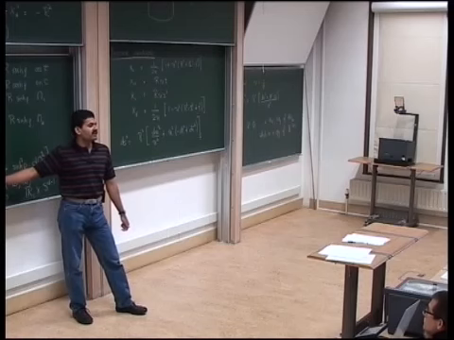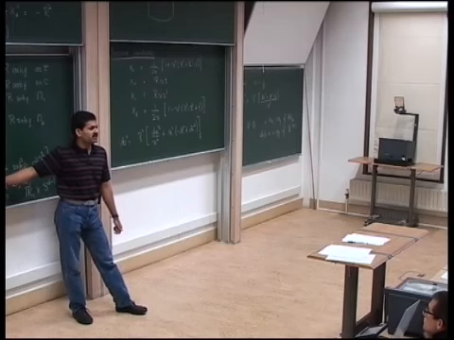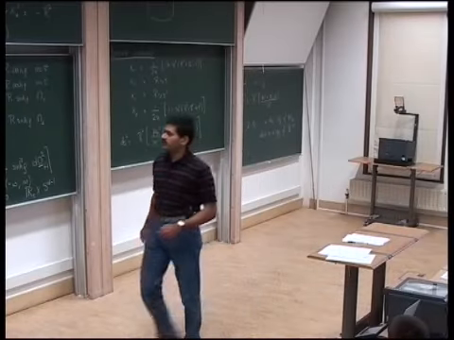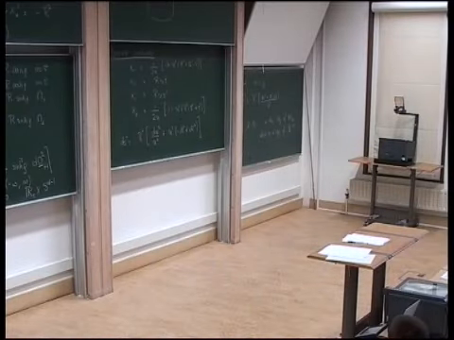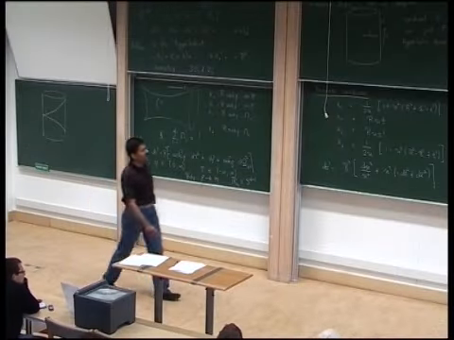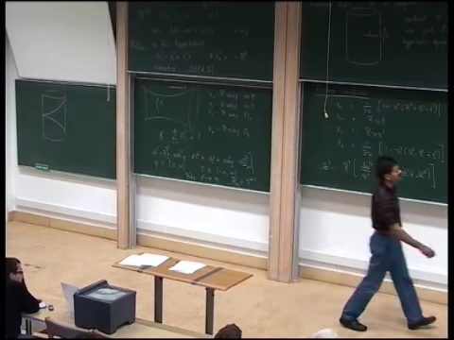And in both cases, I can analytically continue either tau to i tau or t to i t and write down a Euclidean geometry. Okay? So this is the Euclidean geometry that people will work with that you saw yesterday, and I won't write down the explicit metric. All you need to do is flip this sign.